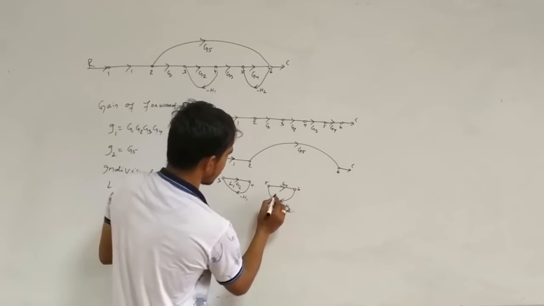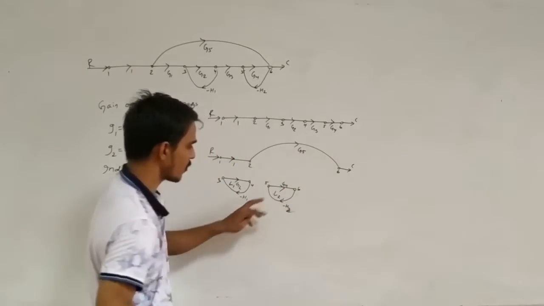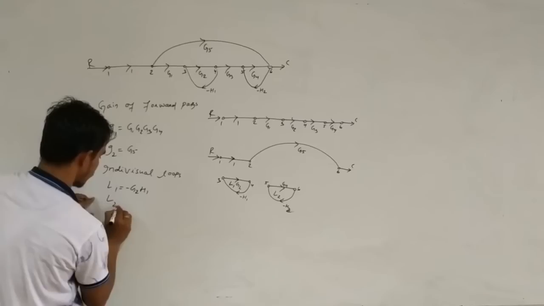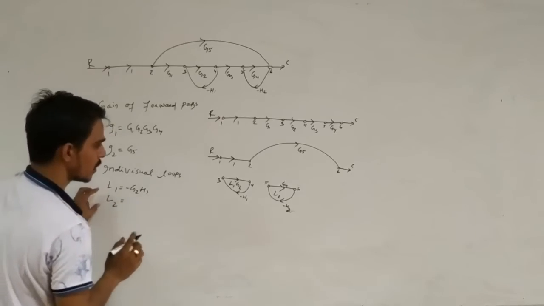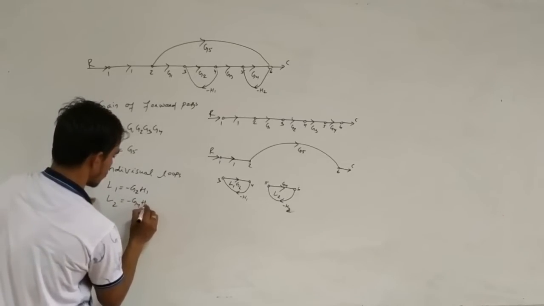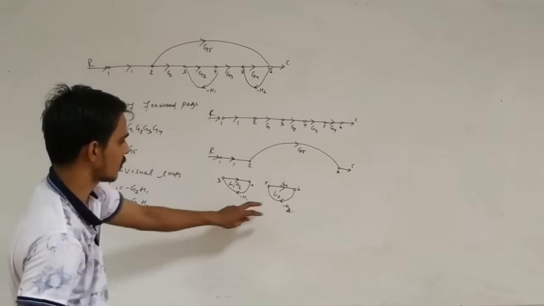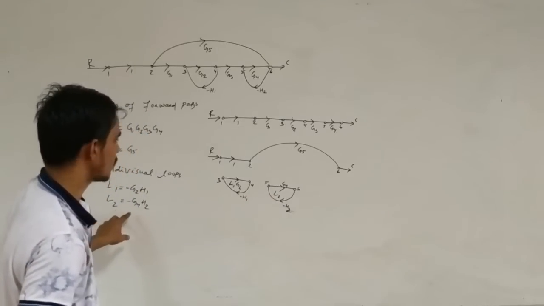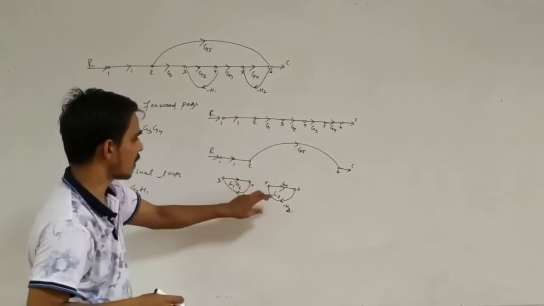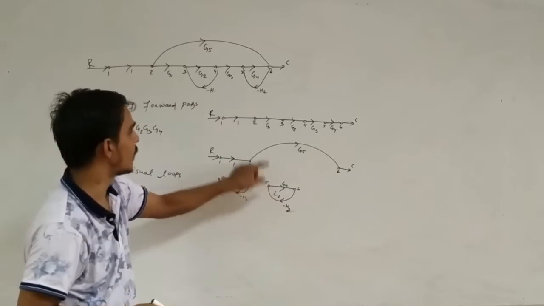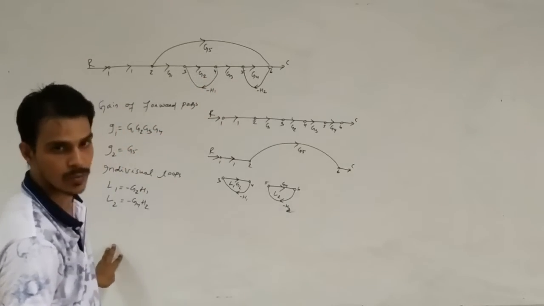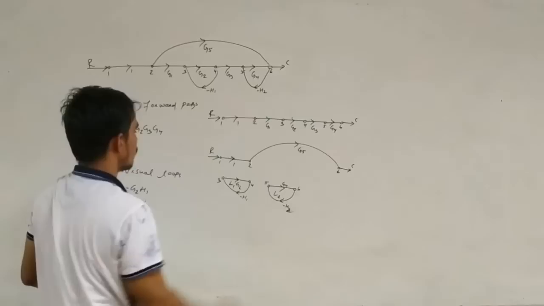And suppose say this is loop 2. So gain of loop 2, L2, equal to minus G4 into H2. Any other loop available or not? Individual loop? No. Okay, these two loops are there.